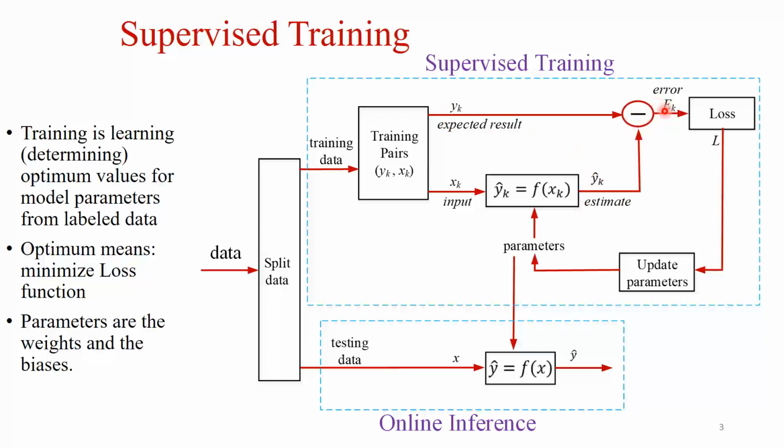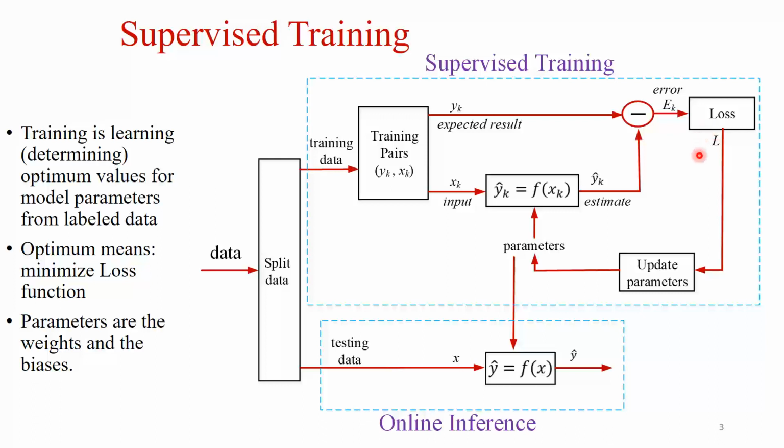So we compute error. We feed this error into a loss function, and this loss function basically becomes the main target of our optimization in the training. Basically, the training should minimize the loss function.